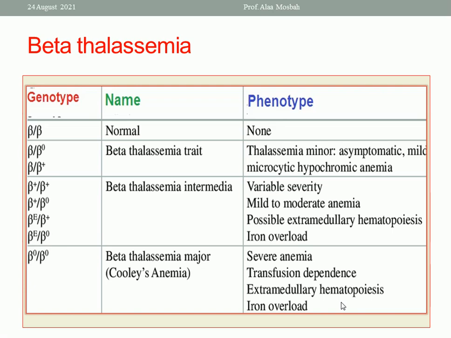Beta thalassemia major is characterized by severe anemia, transfusion dependence, extramedullary hematopoiesis, and iron overload, which causes damage in many organs like heart, liver, and so on.